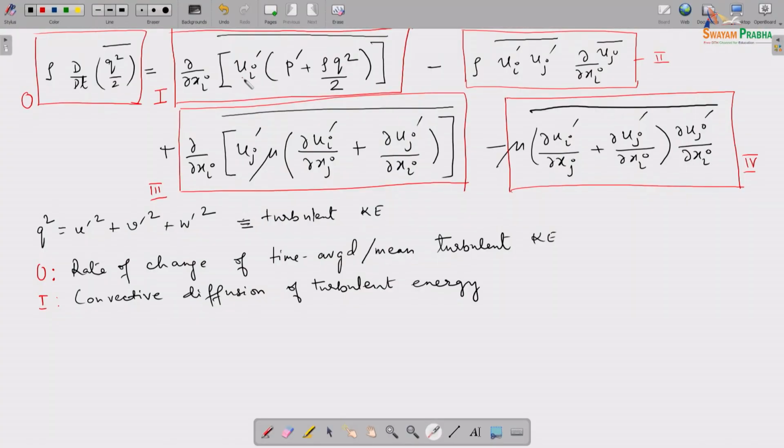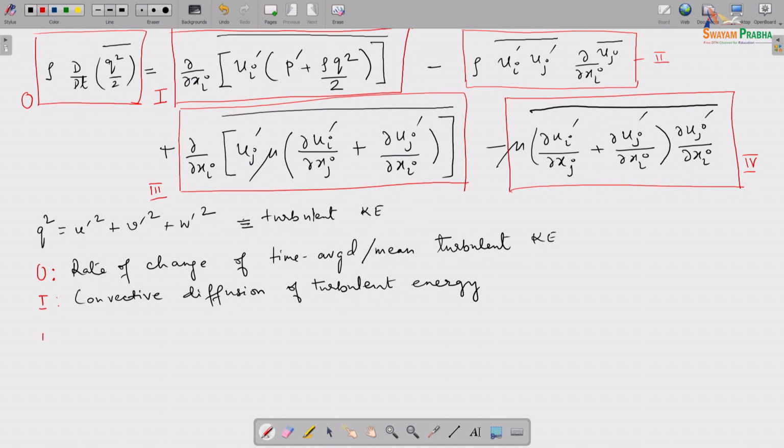All of that is happening as the fluid is moving with a velocity which is the fluctuating part, the u_i. And we look at that change in the velocity over space, x. Hence convective diffusion of turbulent energy.